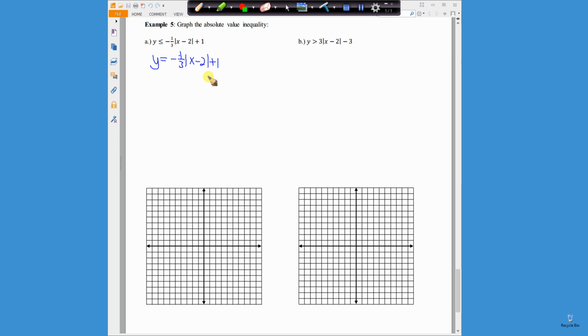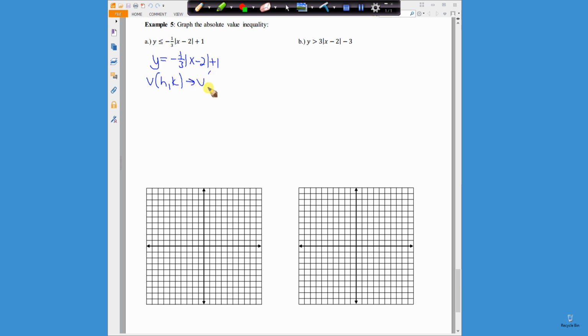So let's just use the same principles we used to graph this. You graph the absolute value function, look at the inequality symbol to make sure if it's dashed or solid, and then you can shade. All right, so let's look at this. The vertex is at (h, k).